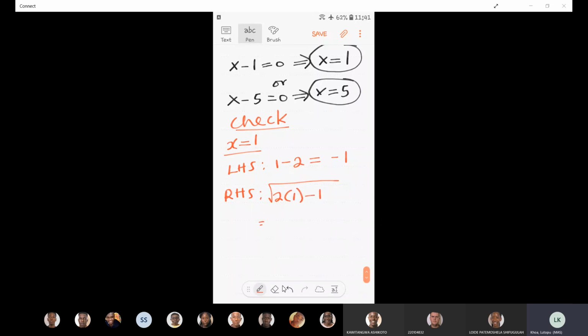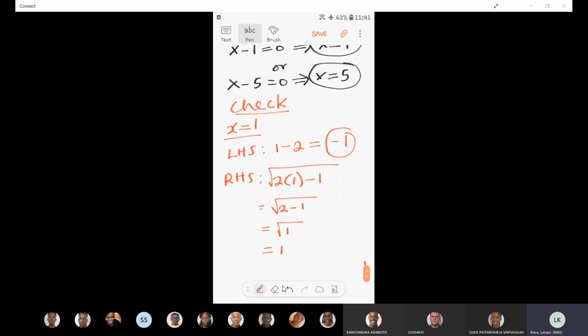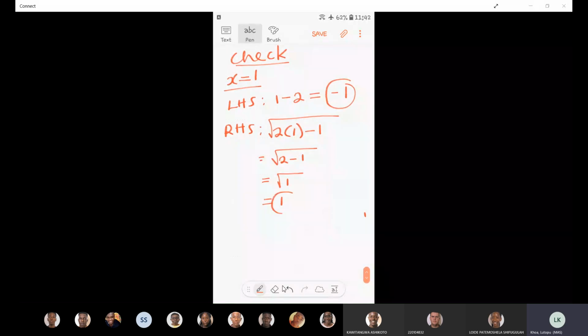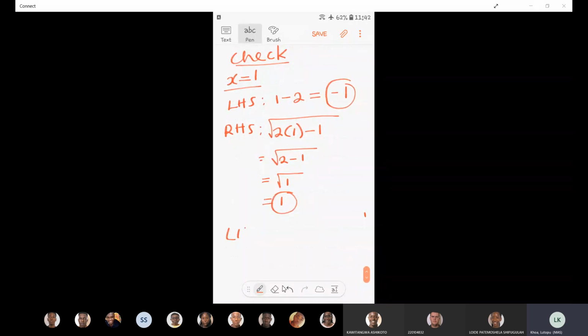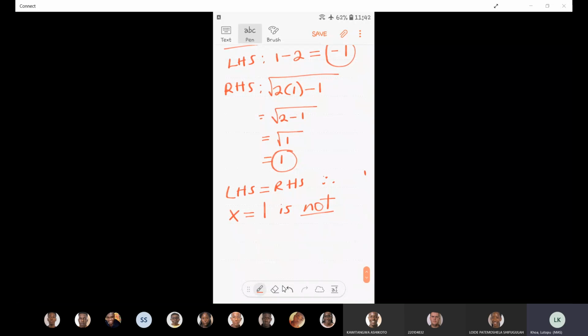This is the square root of 2 minus 1, which is just the square root of 1, and then this is equal to 1. Then comparing my left hand side over here with the right hand side, these two are not equal. So left hand side is not equal to right hand side, and therefore x, which is equal to 1, is not a solution. Or it is invalid. So you say something like that.